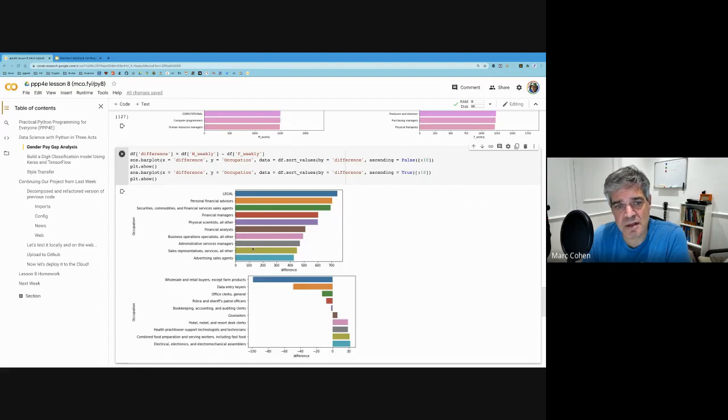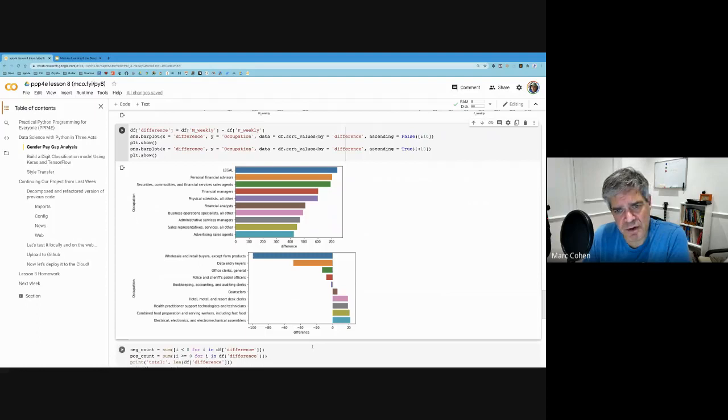So it's essentially which occupations are most unbalanced towards men. And we see legal, personal financial advisors, another kind of financial category, so for some reason, finance and legal seem to, here's another financial analyst one.